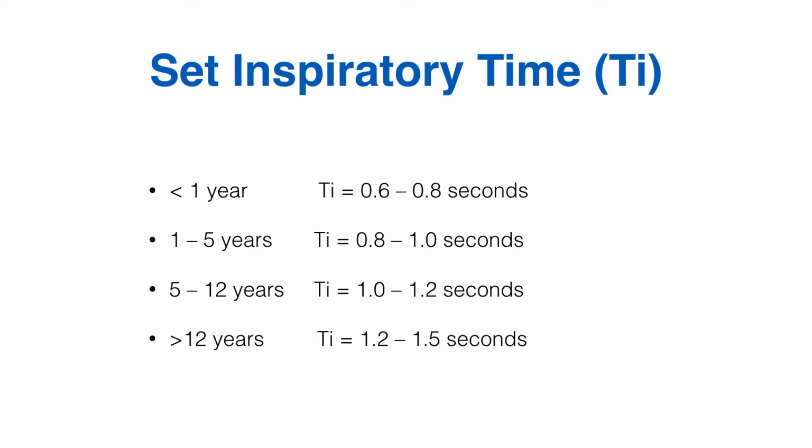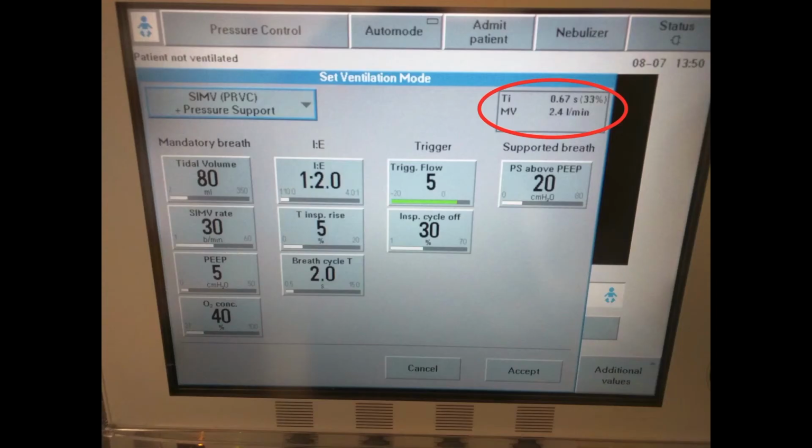But what you probably notice from the screens here is that there's nowhere to actually set the inspiratory time on the ventilator. There's no button that you can turn to pick that number. Say you've got an 8, you want to set it at 0.6. So you need to set the inspiratory time by manipulating 2 other features on the ventilator.